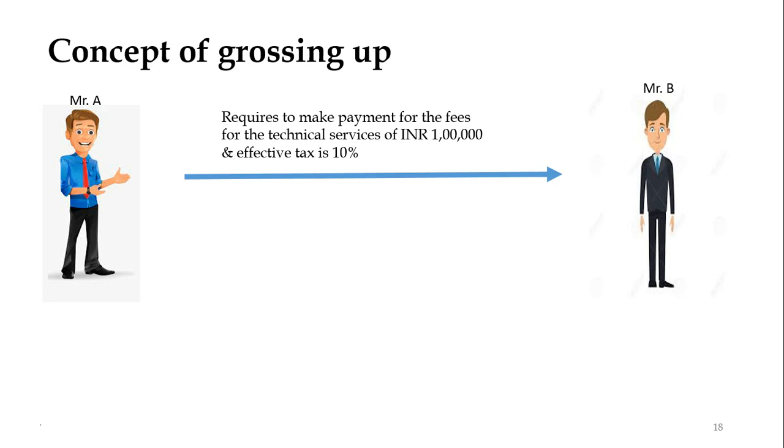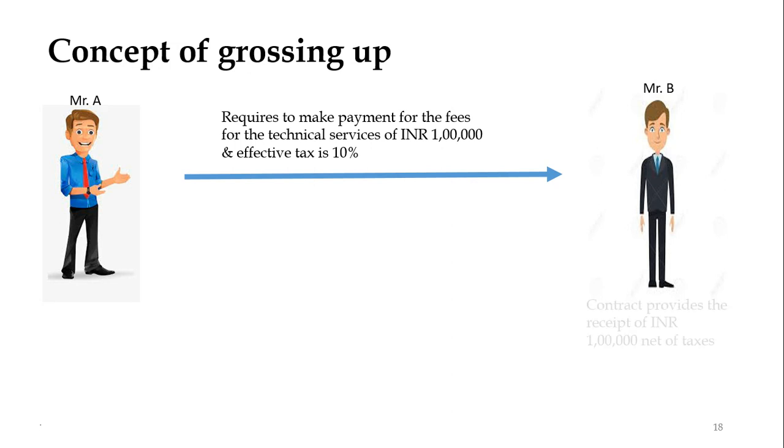When Mr. A deducts the TDS of 10%, that is 10,000 rupees, from the INR 1 lakh rupees, then Mr. B will receive 90,000 rupees, that is 1 lakh minus 10,000 equals 90,000. So Mr. B will be in receipt of rupees 90,000 only.